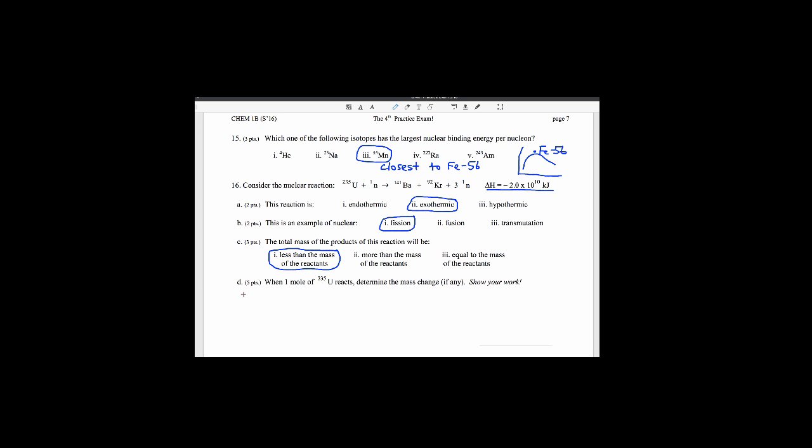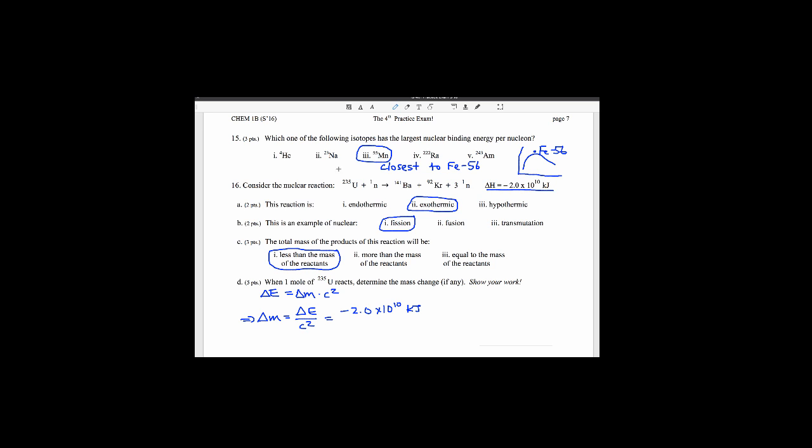And the relationship is that the change in energy, or the amount of energy given off, is equal to the change in mass times the speed of light squared. So if we're trying to find the change in mass, that's equal to the change in energy divided by c squared. Our change in energy is negative 2 times 10 to the 10th kilojoules per 1 mole of uranium.